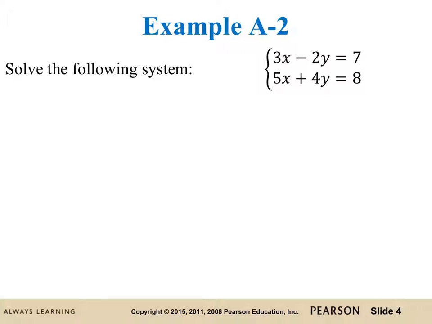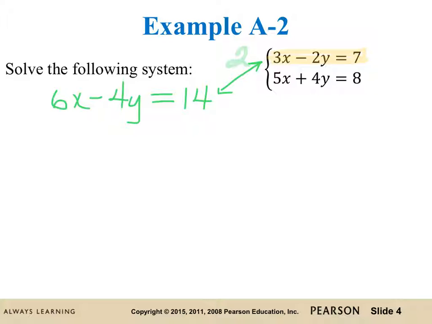However, if we were to take the first equation and multiply that equation by 2, then we would have 2 times 3x, which is 6x, minus 2 times 2 is 4y, equals 2 times 7 is 14, and that is an equivalent equation because we've multiplied everything in the first equation by 2. So this equation is simply a multiple of the original equation.